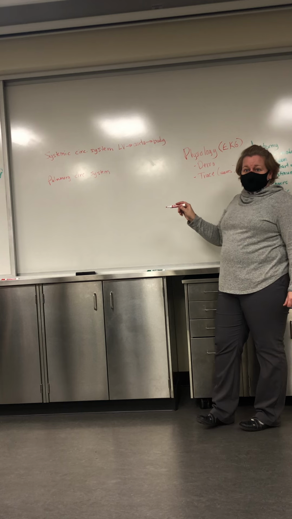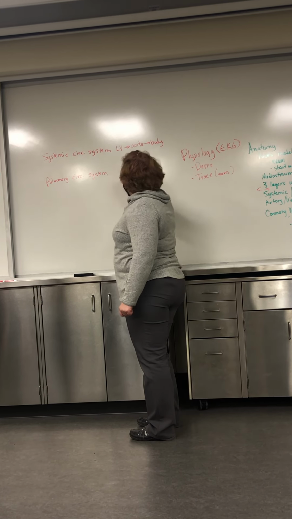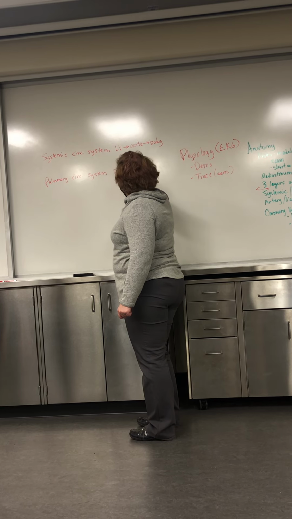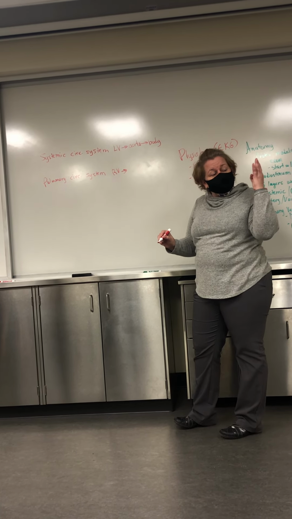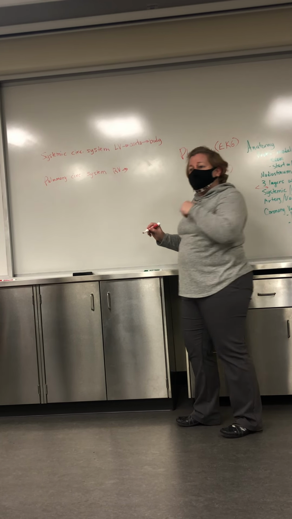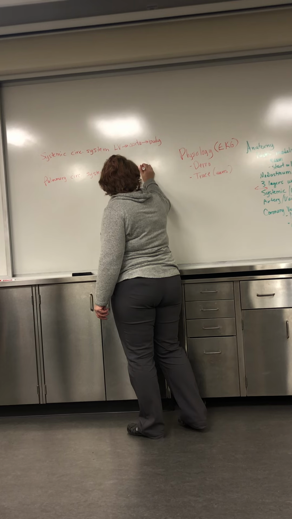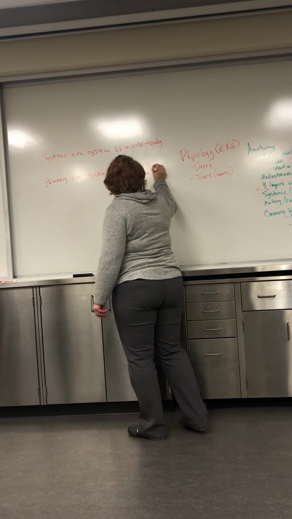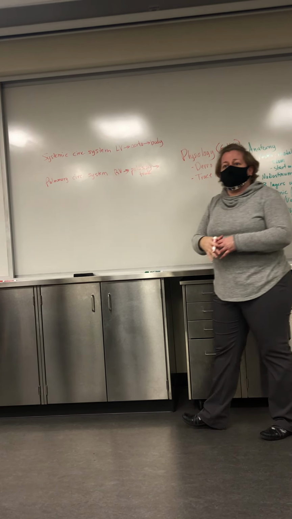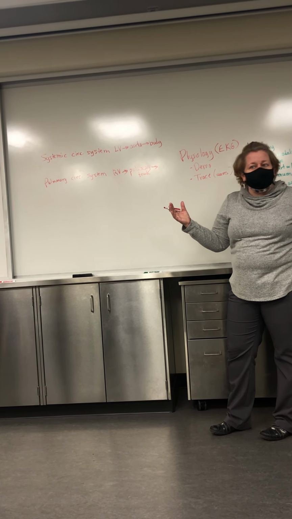The pulmonary circulatory system is different. We're going to start off with the right ventricle here. We're going to move up through the pulmonary semilunar valve into the pulmonary trunk. And from there, we're going to send blood out through the pulmonary arteries to where?